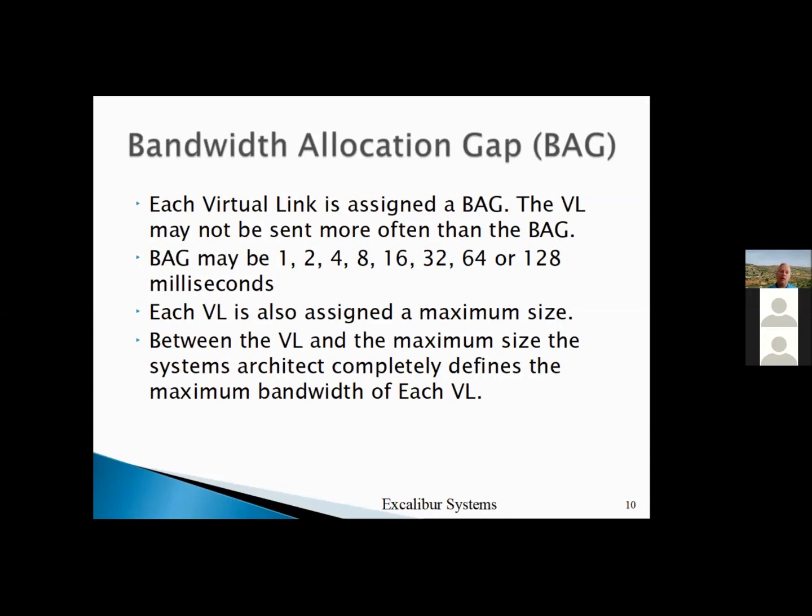so that if I have bags from all over the place, the numbers just get complicated. So I say, fine, I figure out how much you get per second, how much the next VL gets per second, how much the VL after that gets per second. I add them all up, and it better add up to less than a second. If not, I've done something wrong, and I have a choice of either reducing somebody's bag, or reducing the amount of data they get to send, or reducing the number of end systems on a bus.